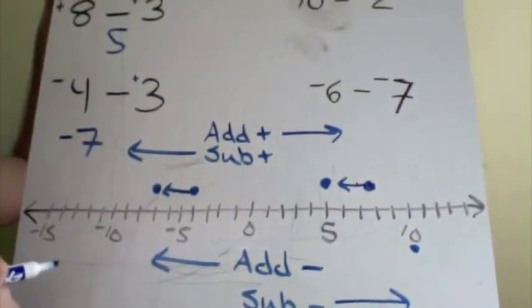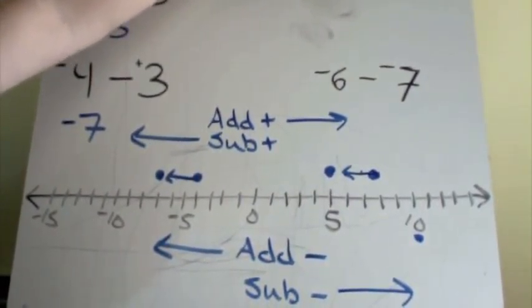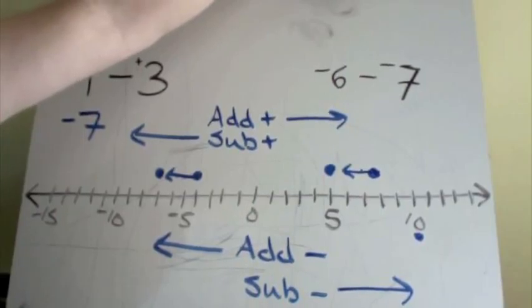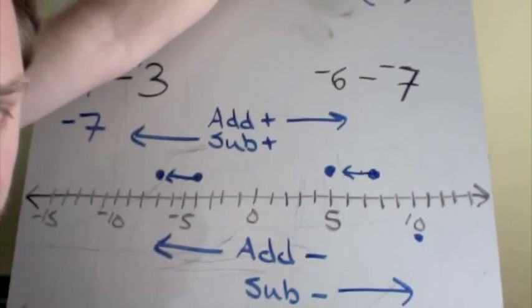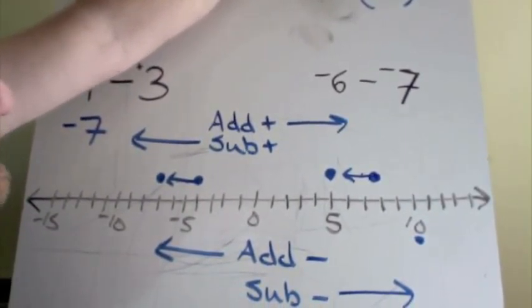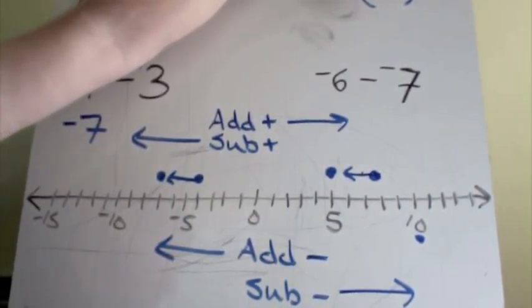Now here's the way to think about this. This is 10. I'm starting off with, say, $10 in my pocket. Now, if we remember back, that negative 2 means essentially we have a debt. So we have a debt of $2. But now the subtraction means I'm subtracting that debt.